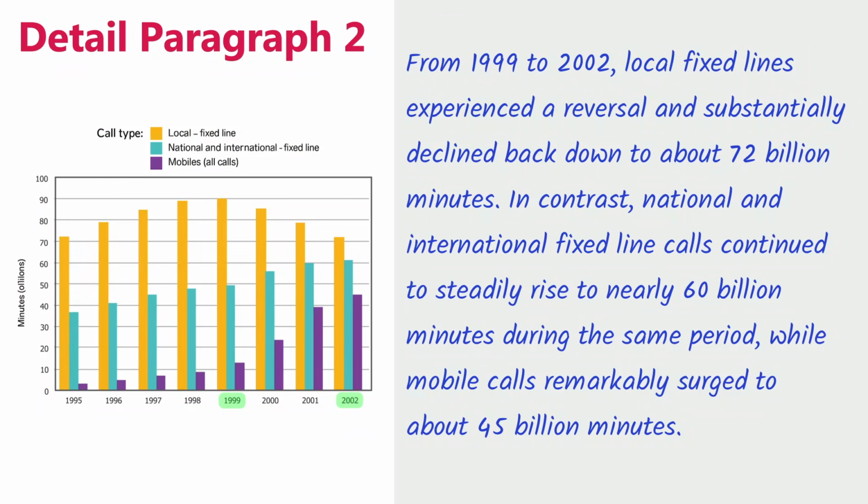Just 1999 and 2002 for all three call types here. That's it. So this is the way that we categorize data and we analyze data. So an IELTS candidate should be able to categorize well, and he or she should know what data should be included in the report. This is very important.